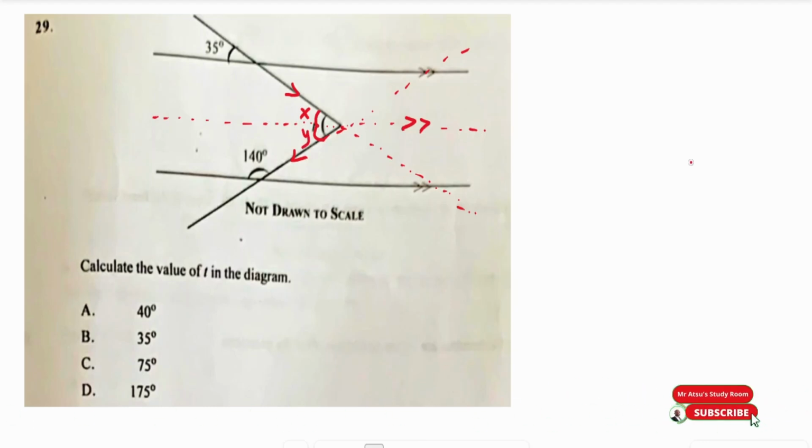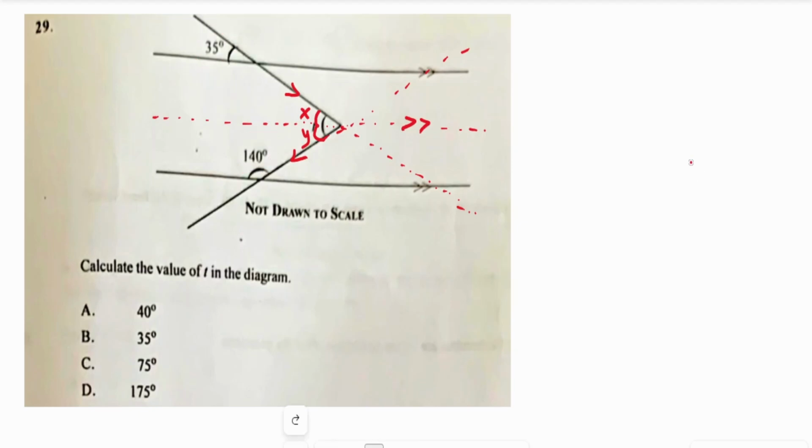If you've been watching my videos for some time now, you hear me constantly saying that in math, we start with what we have been given. Looking at this question, we've been given 35, and 140. So we'll start with the two of them.